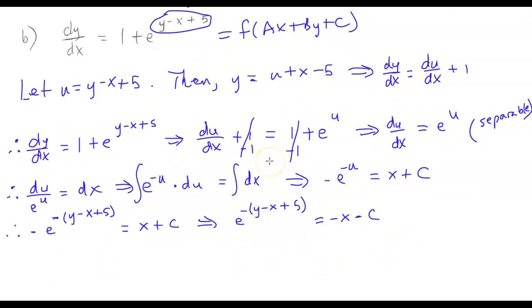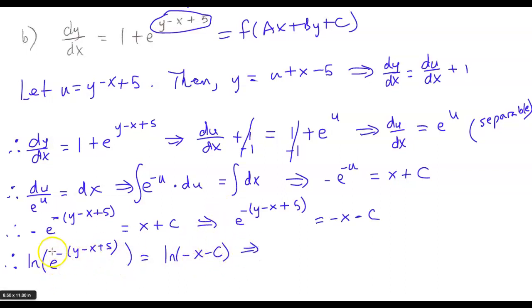And then from there, we'll go ahead and take the natural log of both sides. Now, of course, from there, everything that's in the exponent will be able to come out. It's going to be a minus y minus x plus 5.